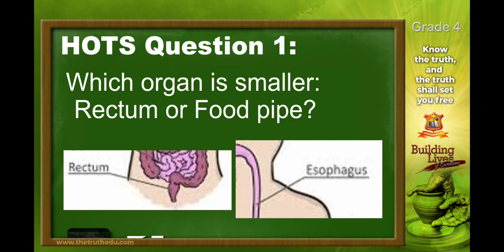The stomach is in the center of your body. Okay, it's below the heart. It's below the lungs. So it connects the mouth to the stomach. So it's the longer organ.